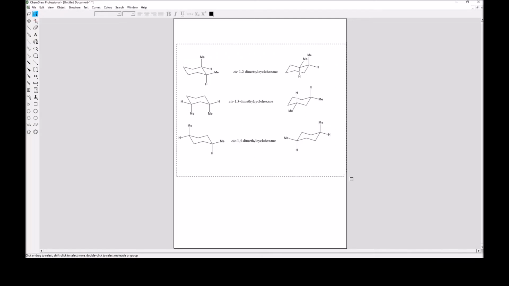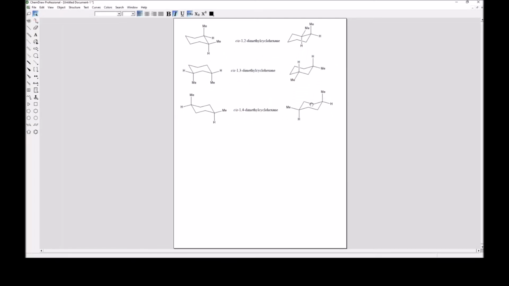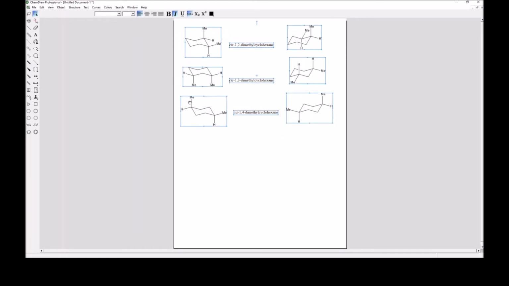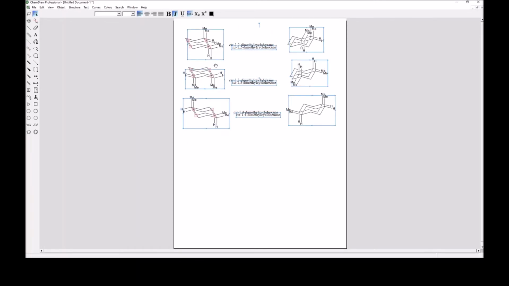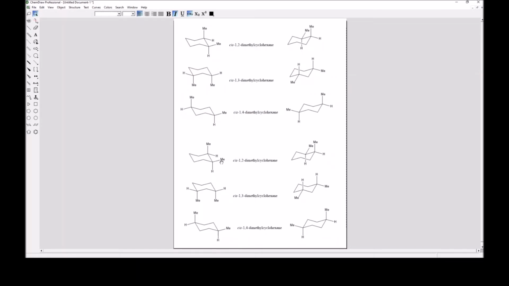Now I'm going to go ahead and repeat the same exercise for all of the trans conformations. I have to come up with both conformations for all of these. So I'm just going to take these same structures right here and see if they'll copy and paste. There we go.